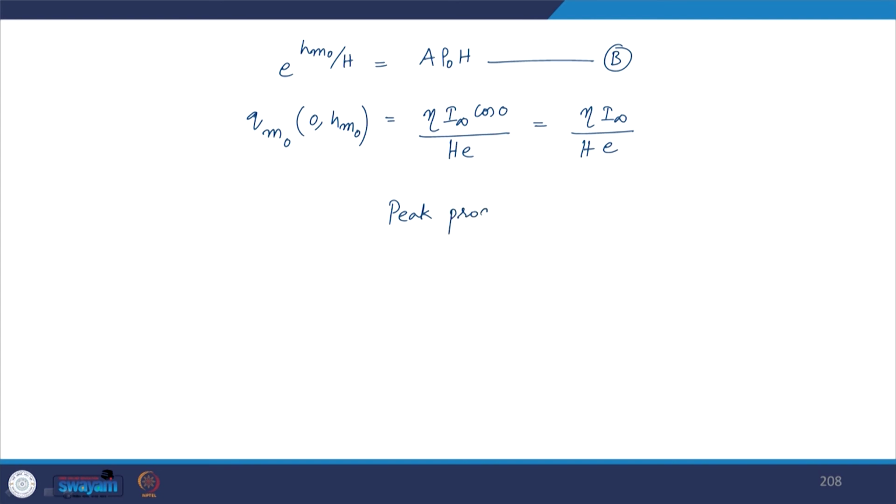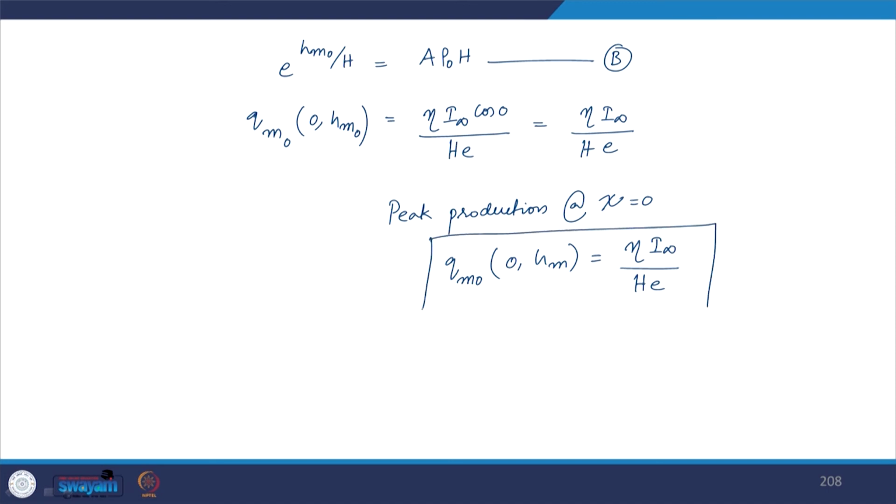We have got the peak production at chi is equal to 0, Qm0, at Hm is eta I infinity divided by He. This is a very important equation. The peak production at the noon time depends on the I infinity, the scale height (which is just a number), and eta.